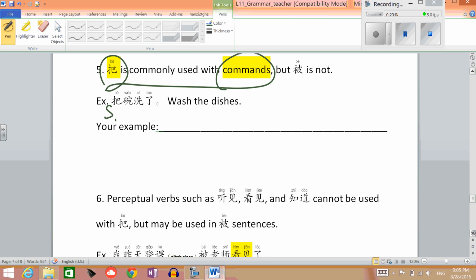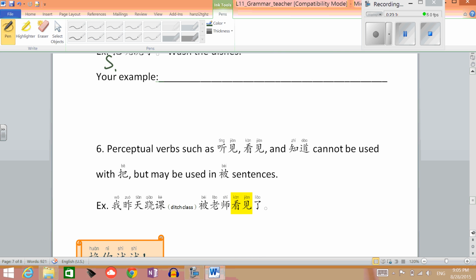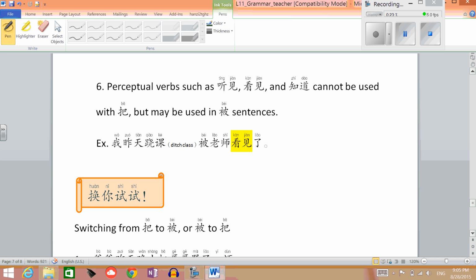Number 6. Almost there. This is the last one. Perceptual verbs such as 听见, 看见, and 知道 cannot be used with 把, but may be used with 被 sentences. For example, 我昨天翘课. 翘课 means ditching classes. 被老师看见了.